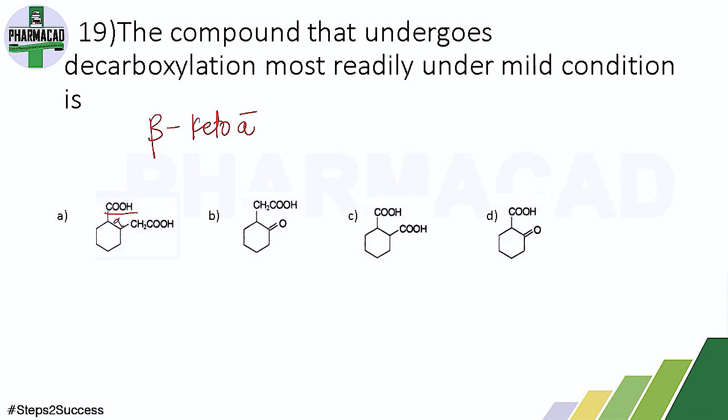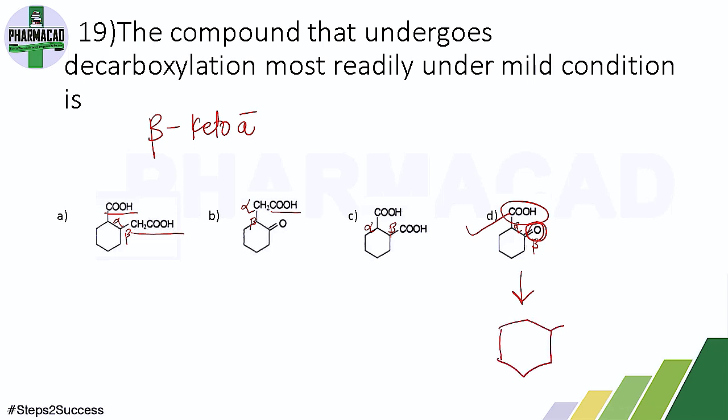In the second, on beta nothing. In the third, on beta there is acid. In the fourth, this is the alpha carbon, this is the beta, and here is oxo, which means a keto group, and the acid. So this is the beta keto acid which undergoes thermal decarboxylation, and we simply get this with a double bond O plus CO2. So the answer is option D.